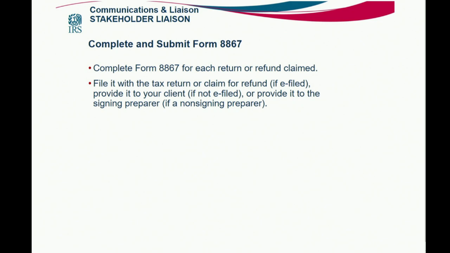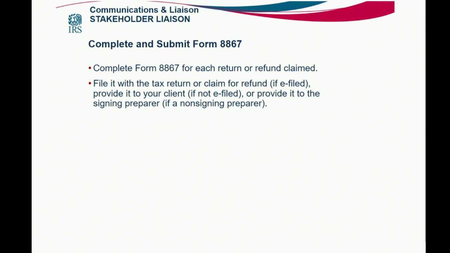You must complete the form and do one of these 3 things: electronically submit it to the IRS with the e-filed return or claim, or for a return not e-filed, provide a copy of it to your client to include when mailing in their return, or if you're the non-signing preparer, provide an electronic or paper copy of it to the signing preparer for inclusion with the filed return or claim.